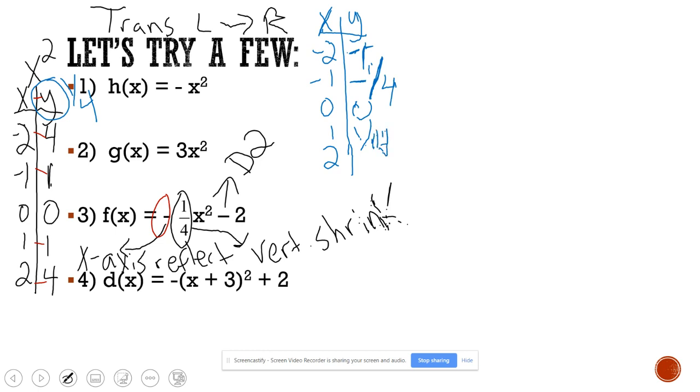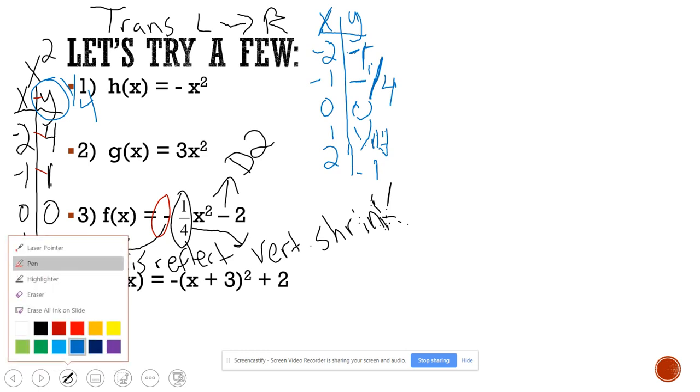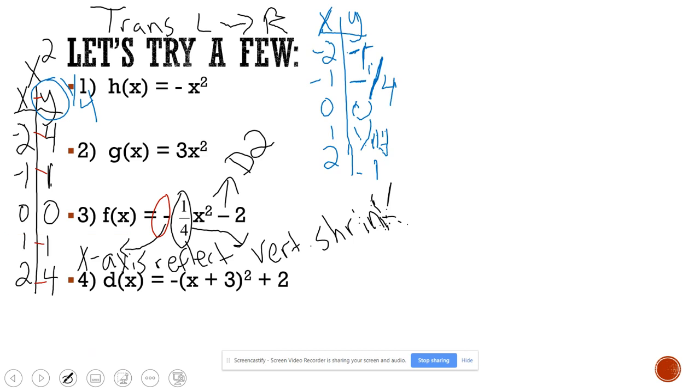And -4 times 1/4 is -1. Our last transformation is to take all of those and go down 2. So I'm going to wait until we get onto our graph to be able to do that.